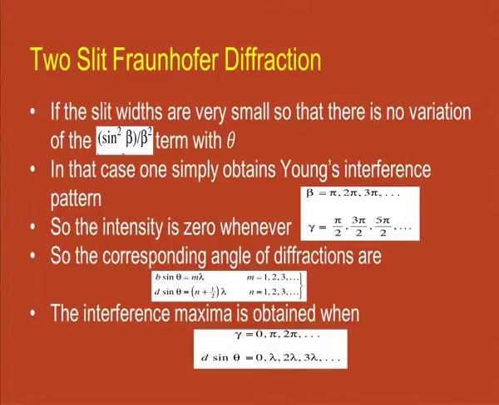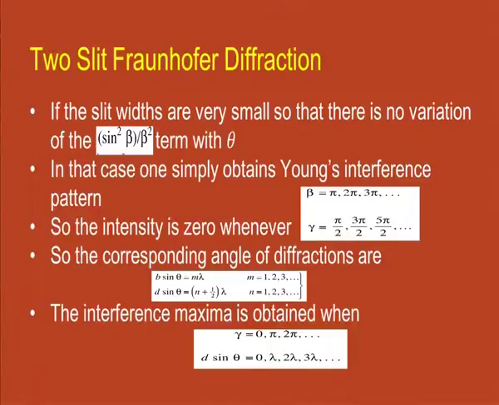So, the intensity is 0 whenever beta is equal to pi, 2 pi, 3 pi and so on, or gamma is equal to pi by 2, 3 pi by 2, 5 pi by 2 and so on. The corresponding angles of diffraction are b sin theta equal to m lambda, where m takes integer values, and d sin theta equal to (n plus half) lambda, where n is again an integer.